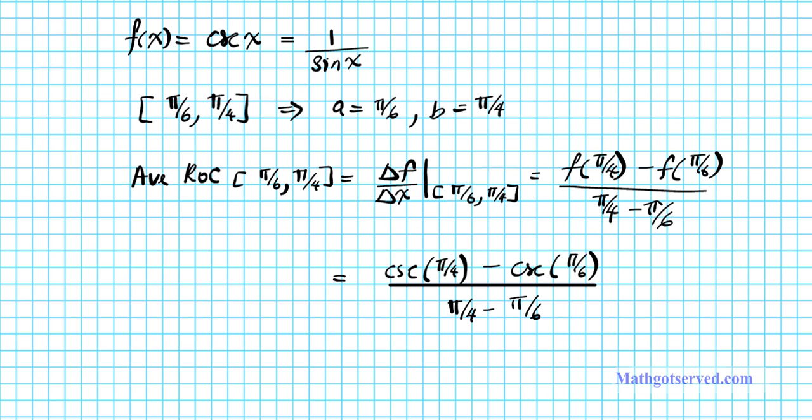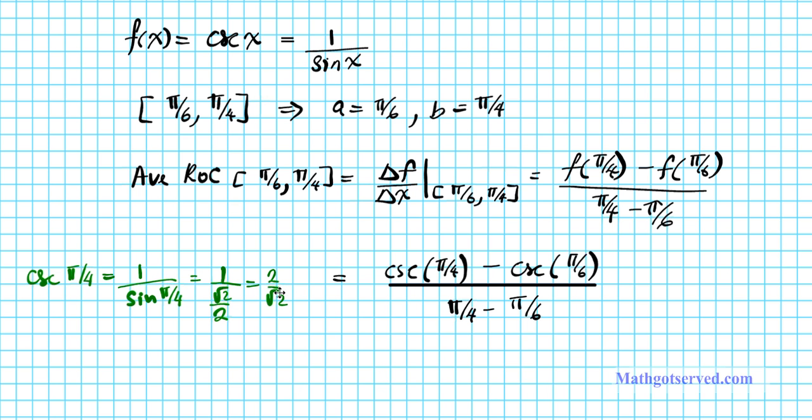Let's compute cosecant pi over 4 and cosecant pi over 6 on the side here. I know that cosecant pi over 4 is equal to 1 over sine pi over 4. Sine pi over 4 is root 2 over 2, so this is 1 over root 2 over 2, which is equal to 2 over root 2. That's the value of cosecant pi over 4.